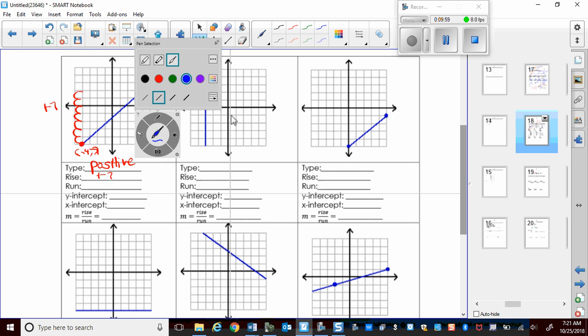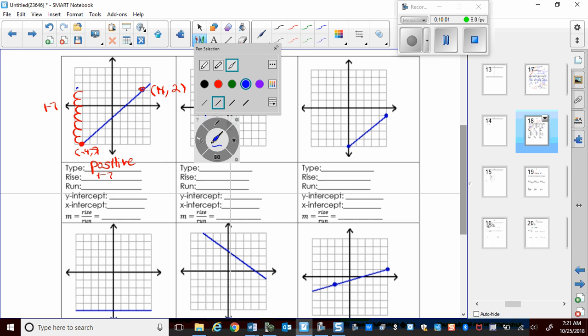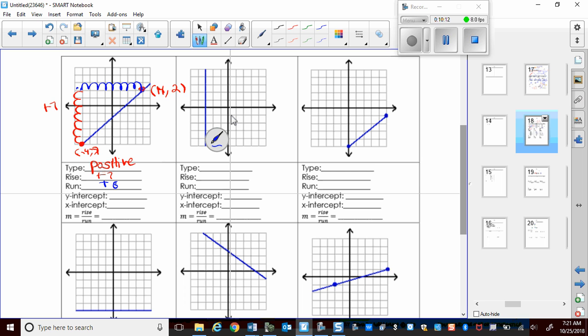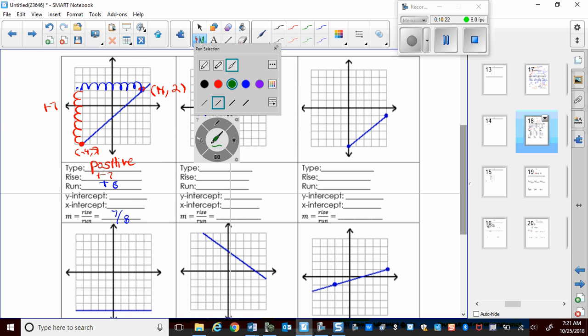Now the run, picking up where I left off, 1, 2, 3, 4, 5, 6, 7, 8 is positive 8. So if I'm going to get the rise over the run, I have 7 over 8 as my rise over run. Now the x-intercept is right here where it crosses the x-axis.